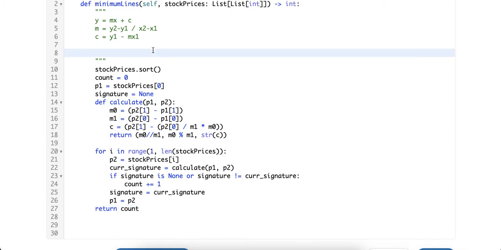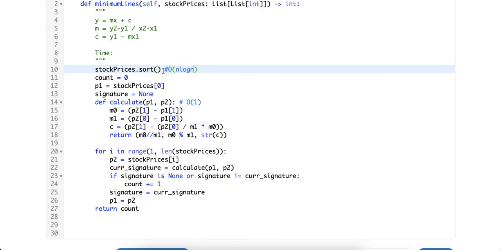Now, how about the time complexity? The calculation itself is just a bunch of minus and divisions, so you can say this is big O(1). Sorting here is big O(n log n). This is just an assignment.